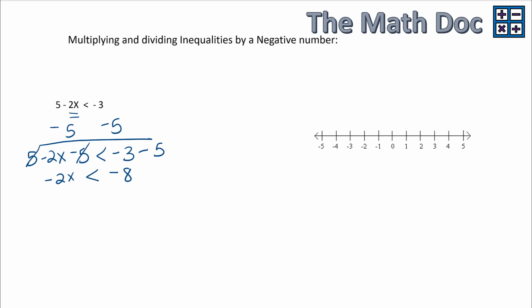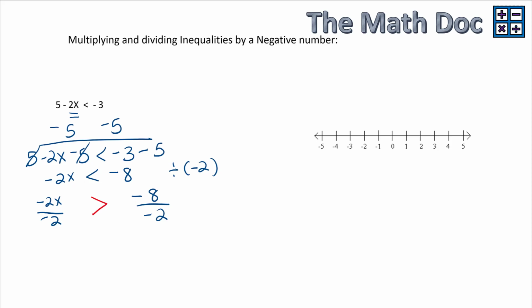Now, let's divide both sides of this inequality by negative 2. So remember the rule. On the left-hand side, we have negative 2x divided by negative 2. On the right-hand side, we have negative 8 divided by negative 2. And now, we have to switch the direction of the inequality. So instead of having less than, we're going to have larger than. Okay?